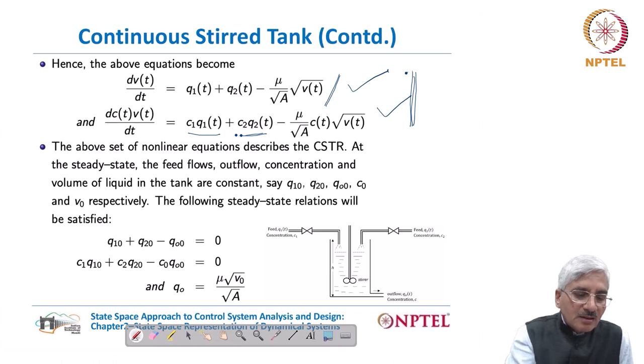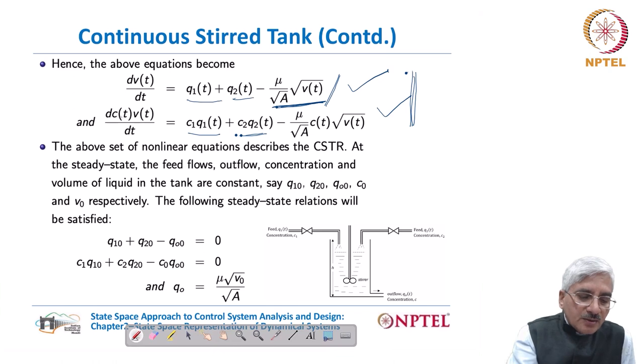You can see that on the left hand side, we have the liquid volume in the tank V. Its time rate of change is given as mu times root A times square root of V, so in terms of the volume itself and the two feed rates.